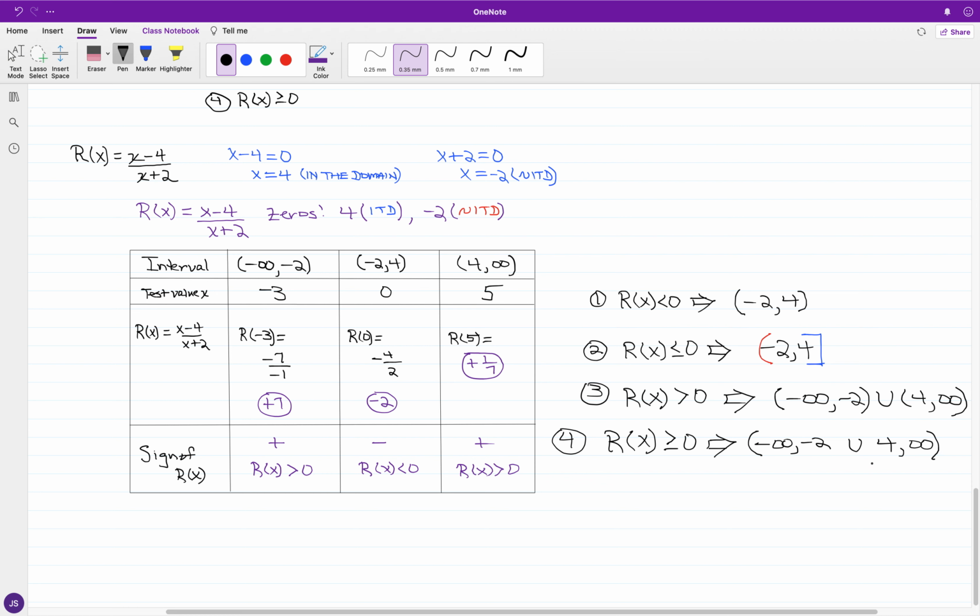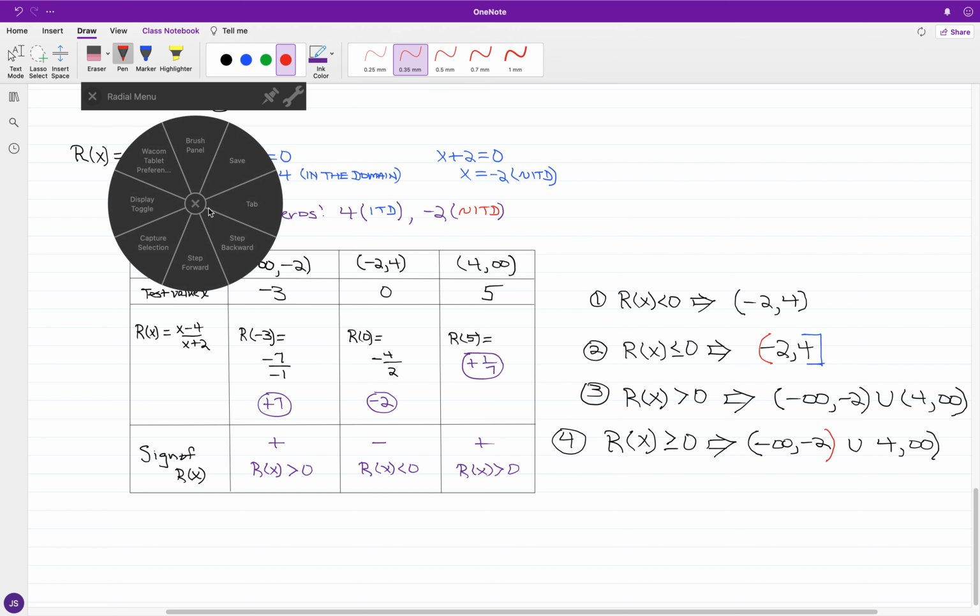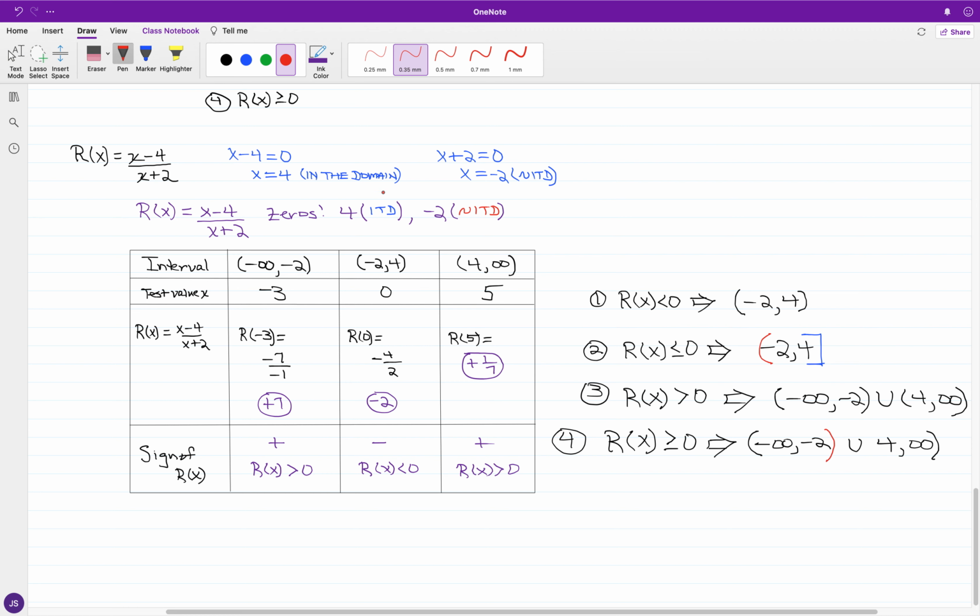And again, for negative 2 and 4, where we might have the rational expression equal to 0, negative 2 is not in the domain, so this stays in the parentheses, and only 4 can set this function officially equal to 0, and 4 is in the domain.